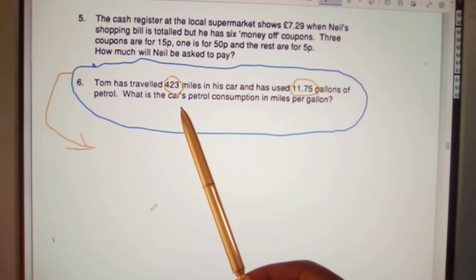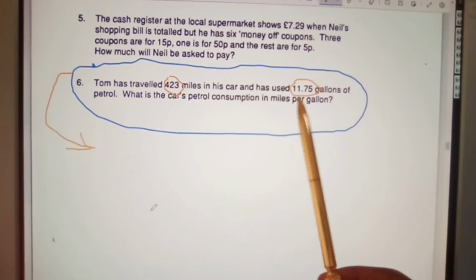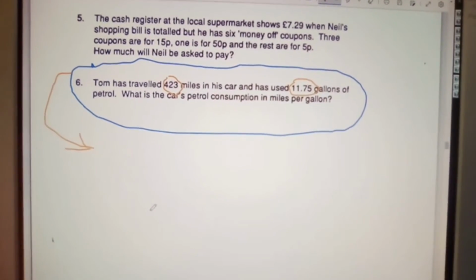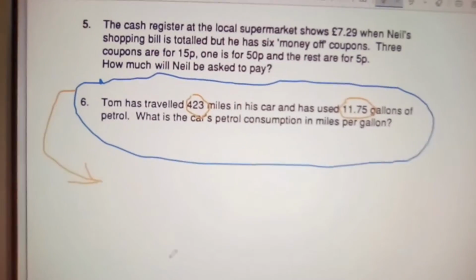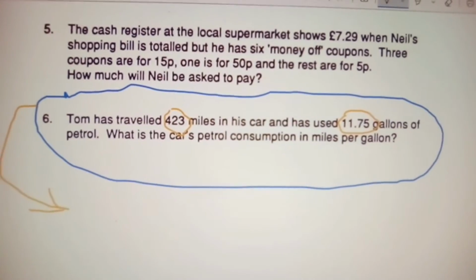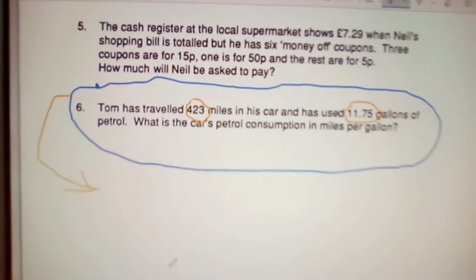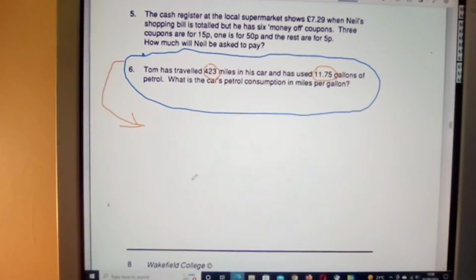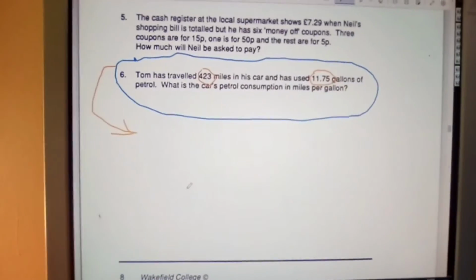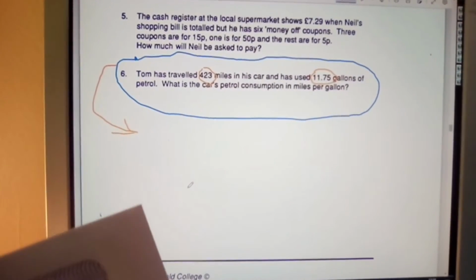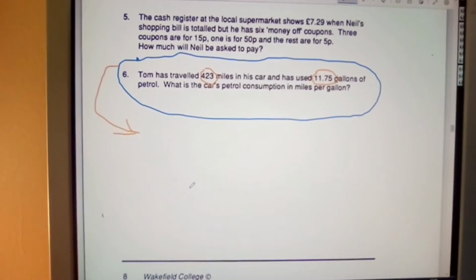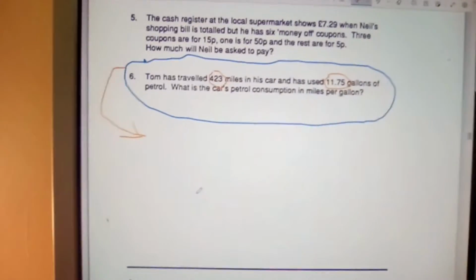What is the car's petrol consumption in miles per gallon? Now that is a very simple question, but very difficult if you don't know the answer. So I'm moving quite clearly so you can get to see it. Let's begin to do the calculation for this process.